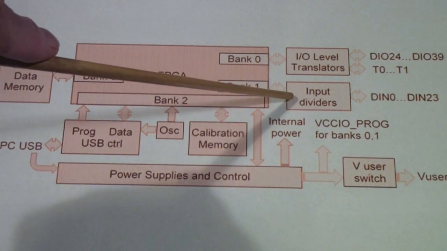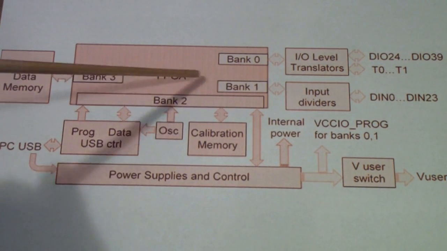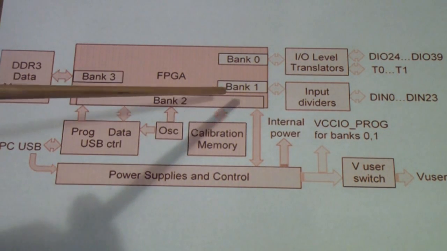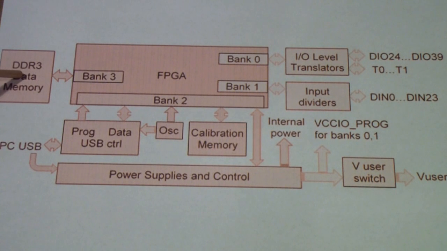But the output of the dividers goes to bank 1 of the Spartan FPGA. Bank 1 then controls the data that gets written to the data memory. Now, the data memory is the place out of which you display the results.